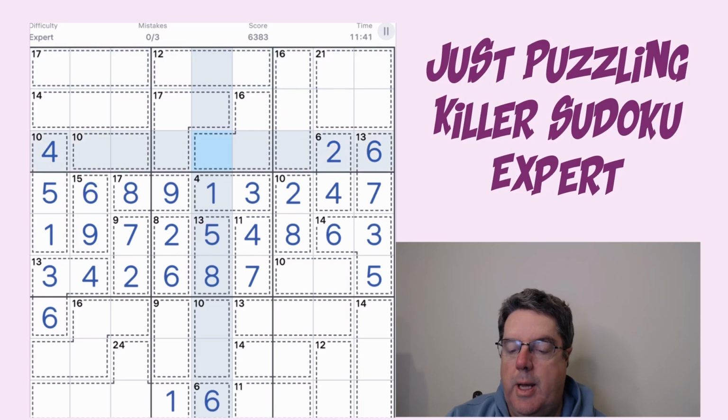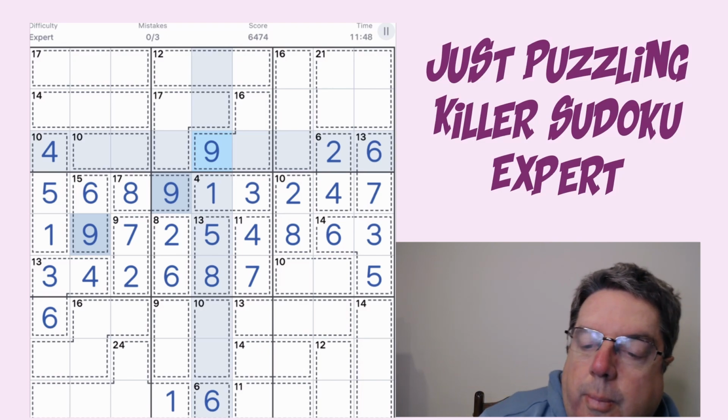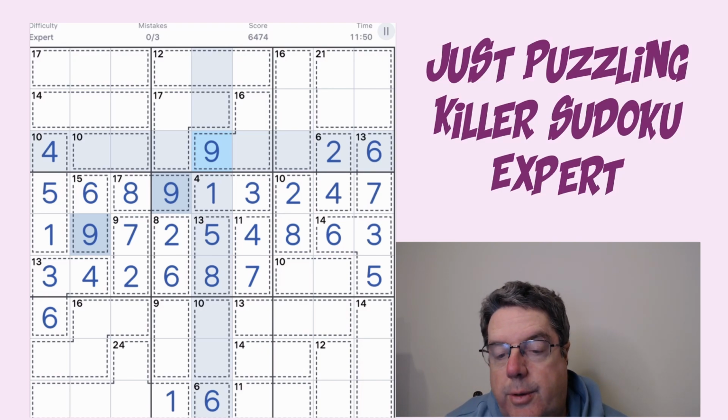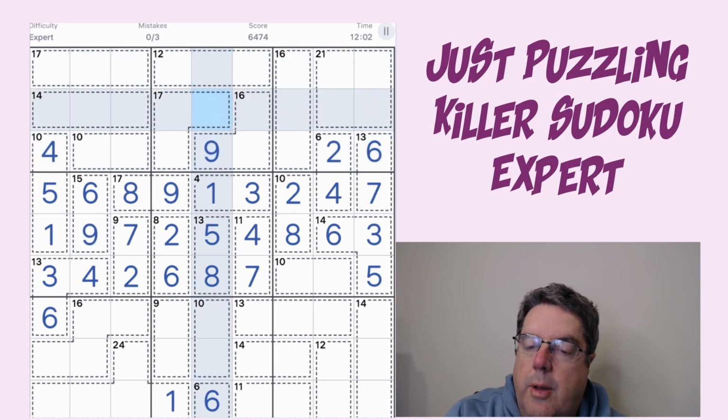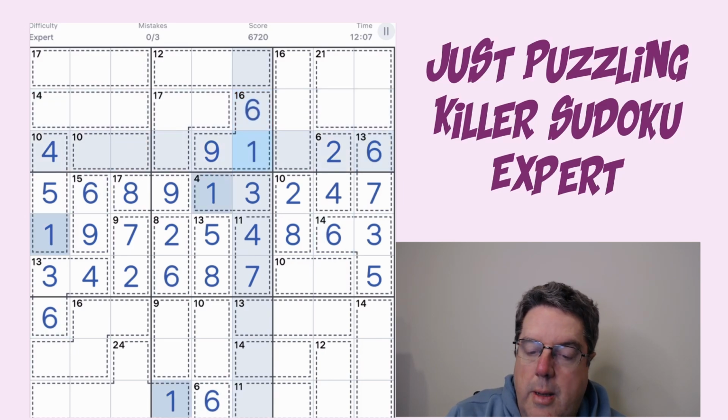So 9's there. So that leaves 7. So that can be 6 and 1 or 2 and 5. 2 and 5. But I think you'll find that 2 is in there. So that can't be 5. So it's 6 and 1.